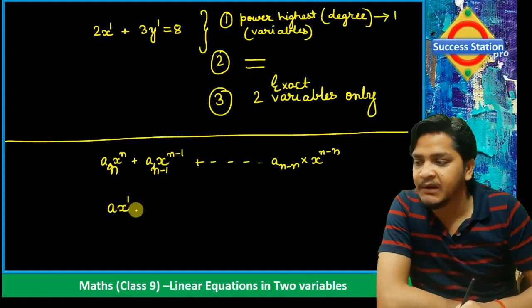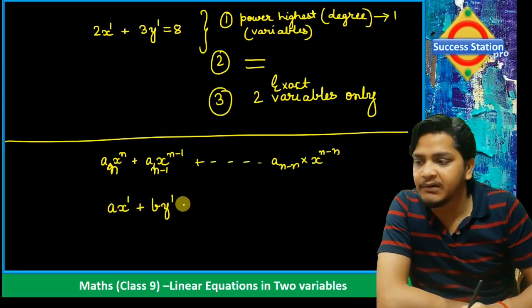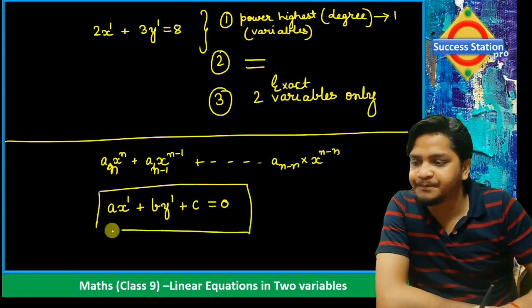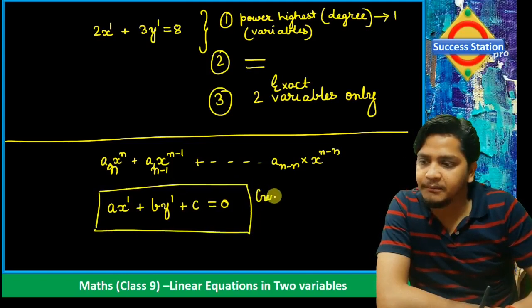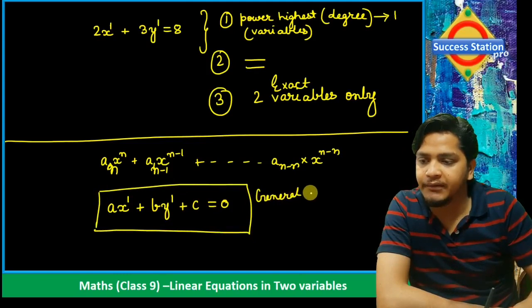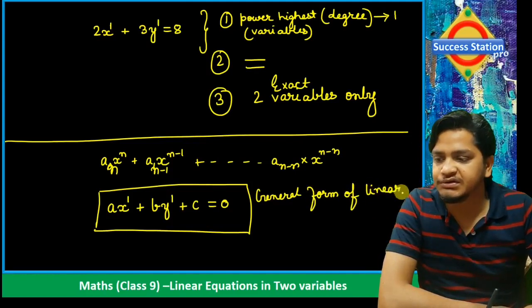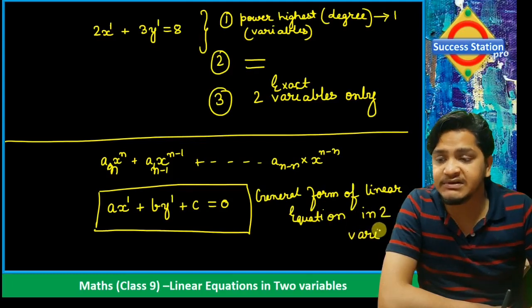So ax, then by, and one constant c. This is the general form of a linear equation in two variables, ax plus by plus c.